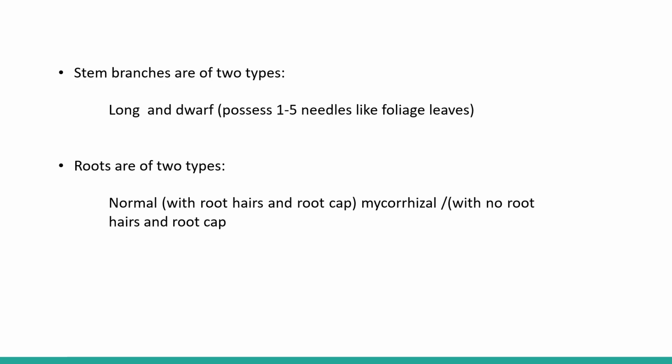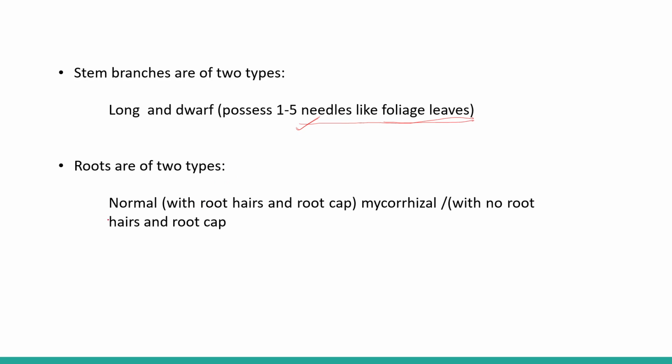Stem branches are of two types, long and dwarf. So it possesses 1 to 5 needle-like foliage leaves. So some could have only one, could have even 5 in their branch having foliage leaves.